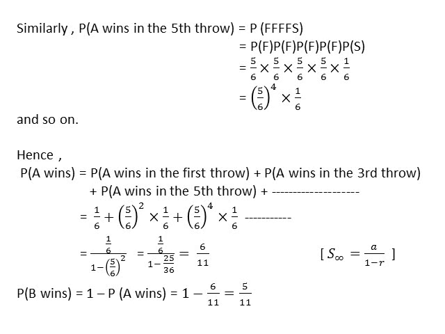Simplify it. We get the probability that A wins equals 6 by 11. Now the probability that B wins equals 1 minus the probability that A wins, equals 1 minus 6 by 11, equals 5 by 11.